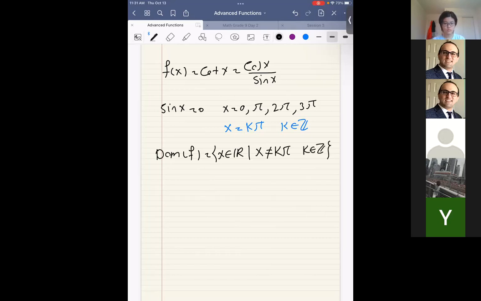So x equal to pi, 2 pi, these are all vertical asymptotes of cotangent.